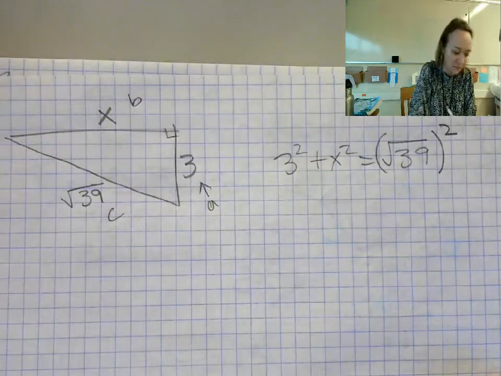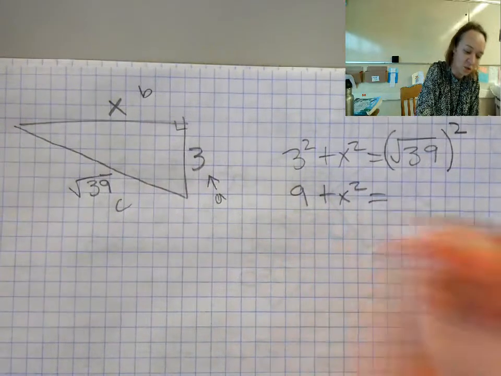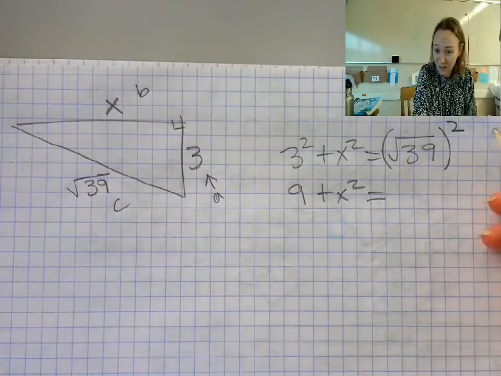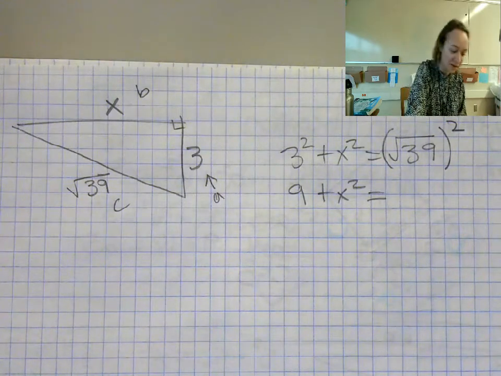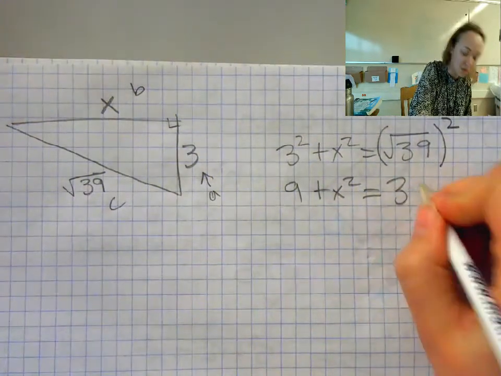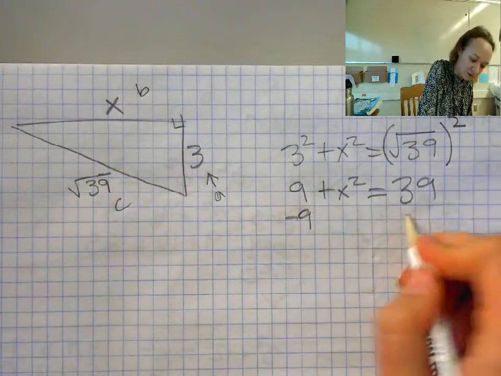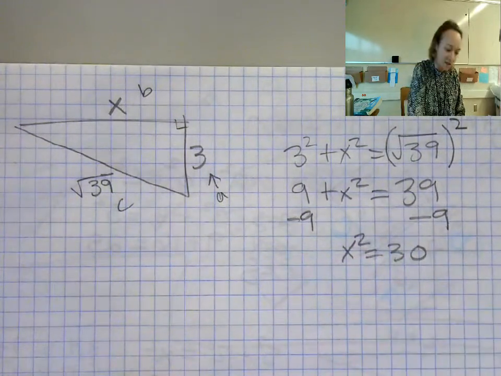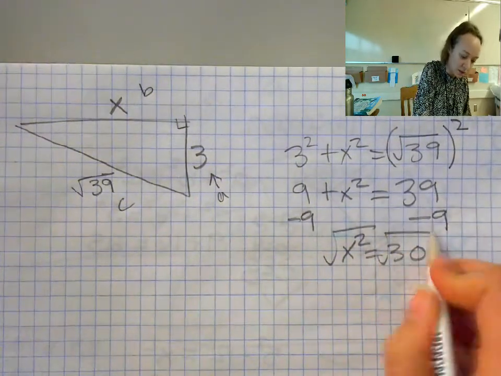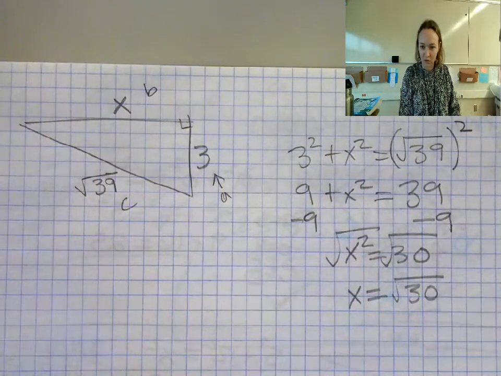Kind of weird, huh? So that gives me 9 plus x squared equals, and then the square root of 39 squared, well, that's just like undoing that square root, right? So that's just going to be 39. So then I subtract the 9 from both sides, so x squared equals 30. Take the square root, and I get x equals the square root of 30.